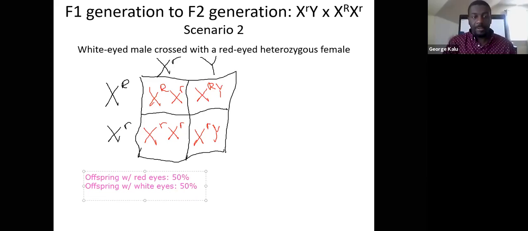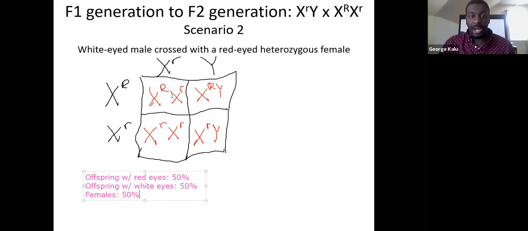Now, if we look at females, what's the likelihood that our females will have red eyes? Right, 50%. Again, you're looking at just the females, so you're looking at just these two boxes.